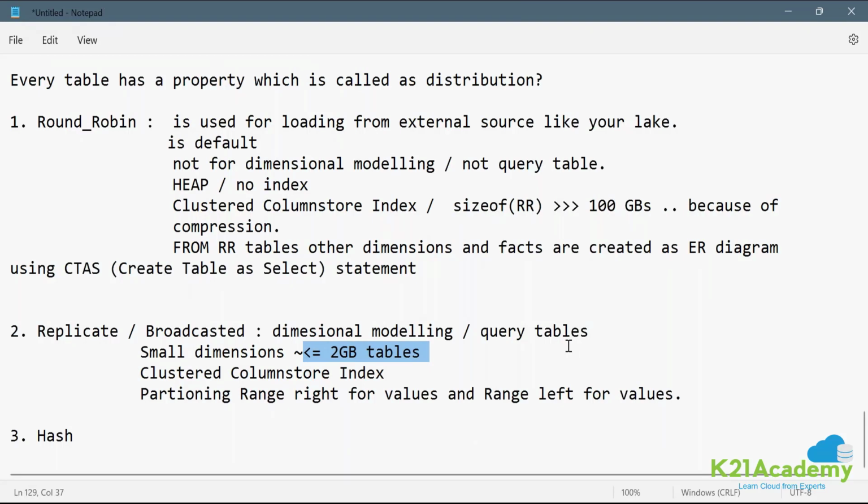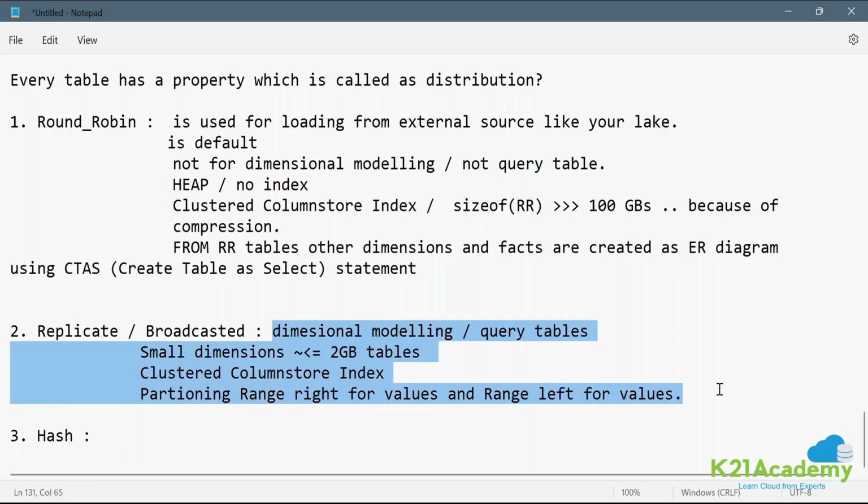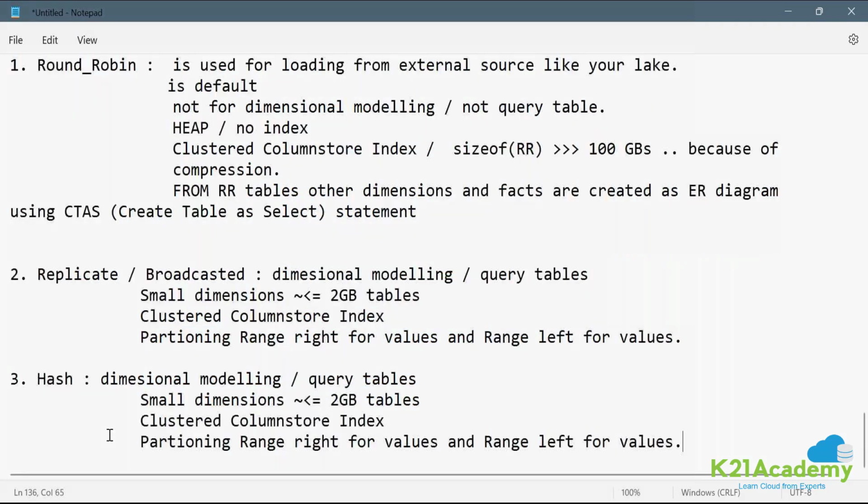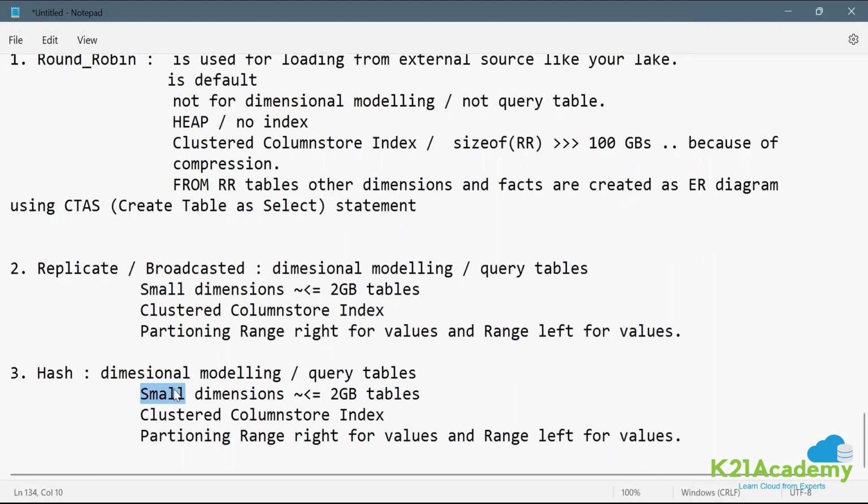Then what is the last and the final one? The last and the final one happens to be, as you can clearly observe, hash. What do you mean by hash? First of all, it is also for dimensional modeling, but it is for large dimensions.